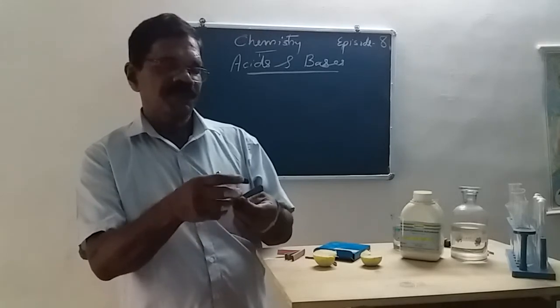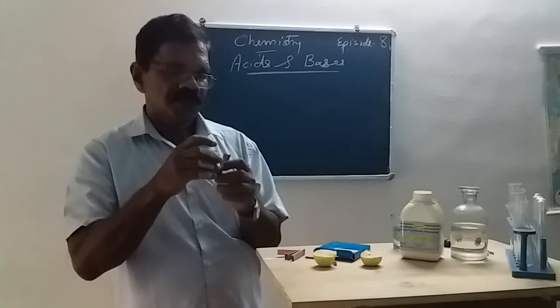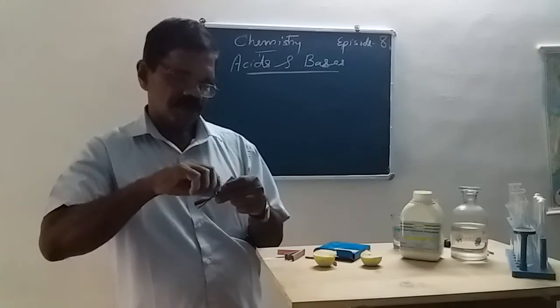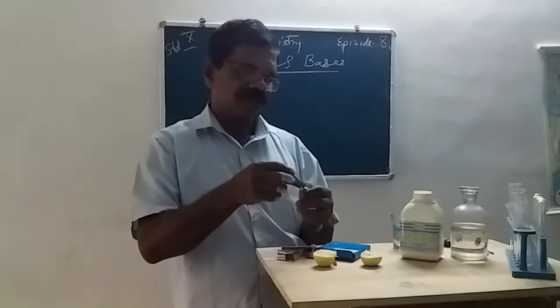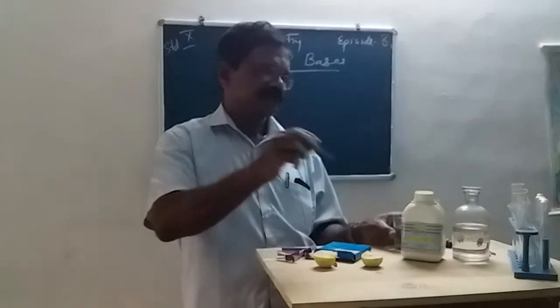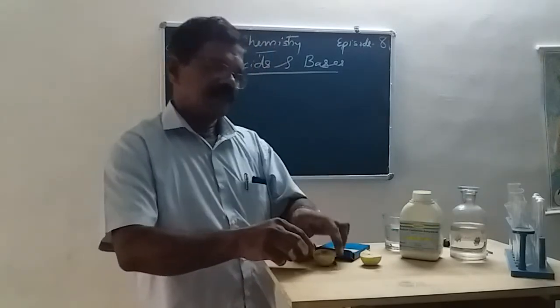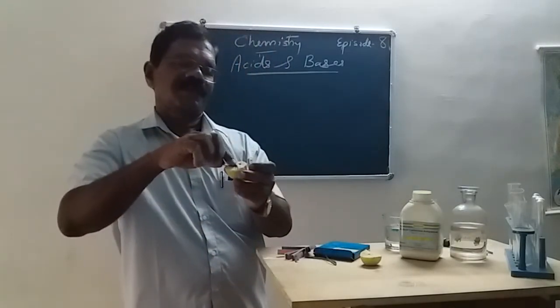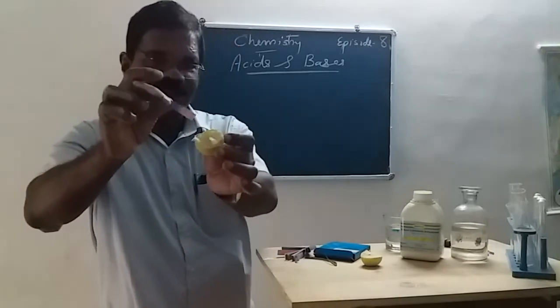Again, we can test the presence of acids in the lemon. Take a piece of blue litmus. First, you have to wet the litmus paper in water. Do you see any color change?